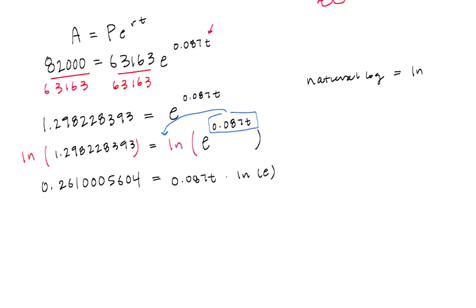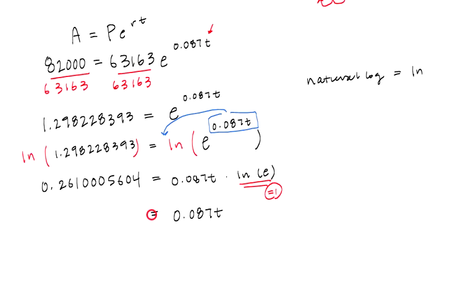And this is where the magic happens. Okay, the natural log of e is equal to 1. So in other words, when we multiply 0.087t times 1, it leaves us with just 0.087t on the right hand side.